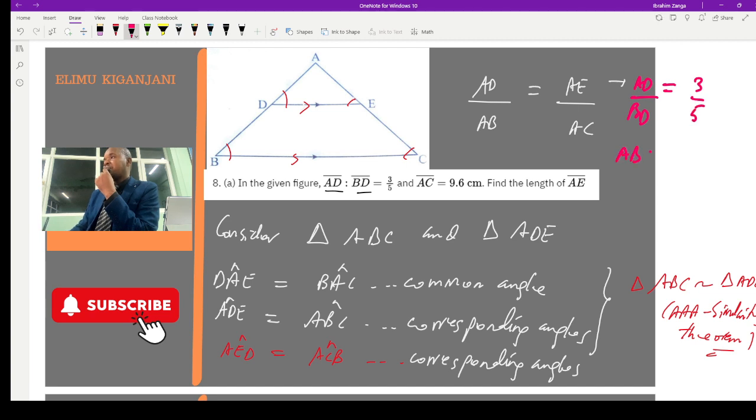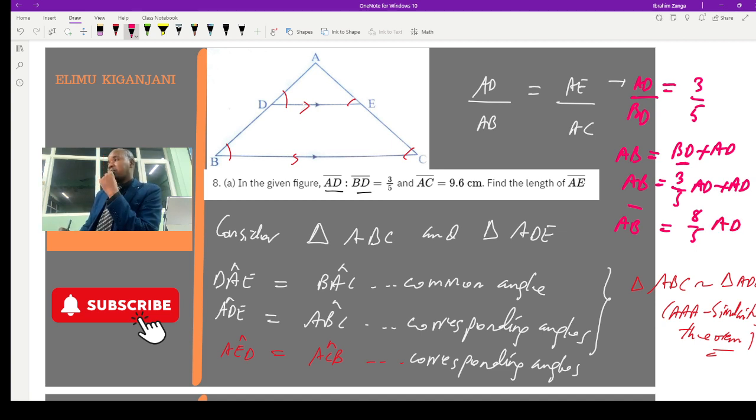But we know that AB is going to be BD plus AD. So I'll be expressing BD in terms of AD, so that you have 3/5 AD plus AD. Of course, you add them together, you'll be getting AB equals 8/5 AD.